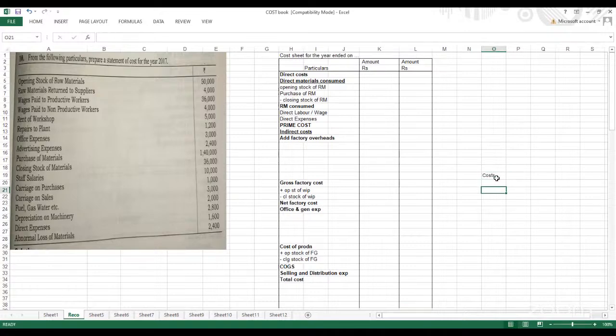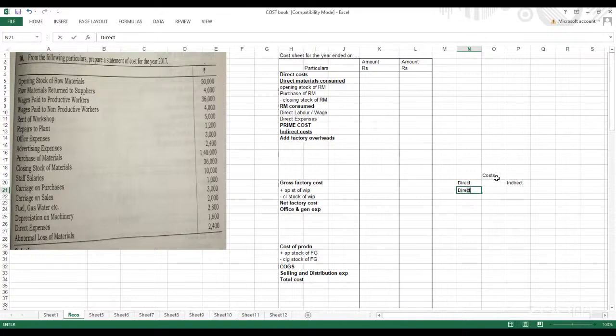Your costs are subdivided into two parts: direct cost and indirect cost. Direct costs are those which you can relate directly to the product, which you can identify in the product.